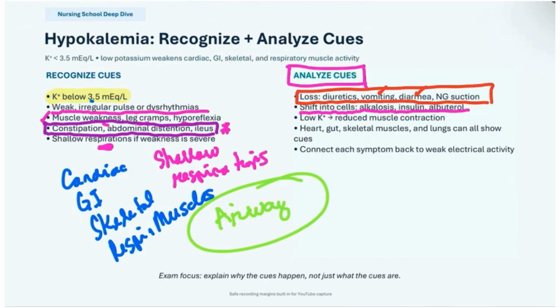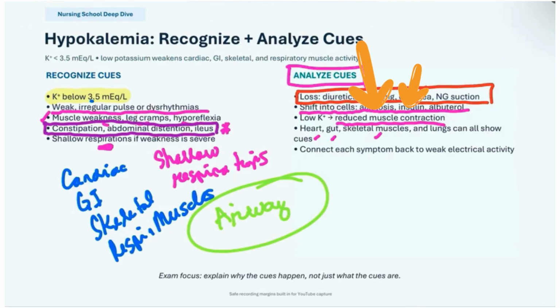Now, connect that low potassium back to the symptoms. When extracellular potassium falls, normal muscle contraction is impaired. That is why you can see findings involving the heart, the GI tract, and the skeletal muscles.